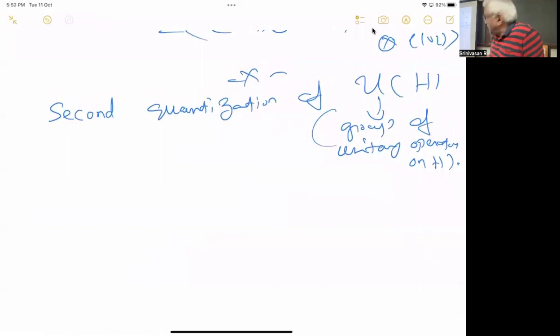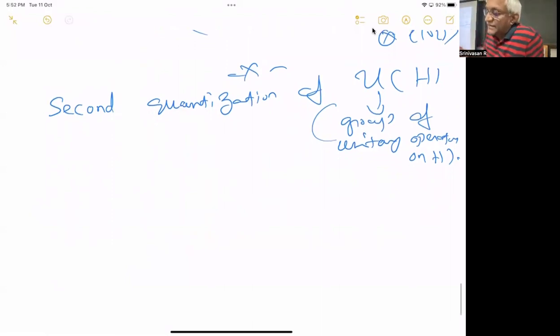From H to H, you have unitaries. They form a group, the unitary group, or in the real case, the orthogonal group. I want to say that it's a representation of the group, if you want to use that language. Whatever we do is a representation of the group; it will respect the product.